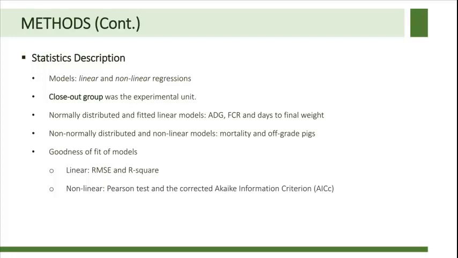We know growth and feed intake are normally distributed, but mortality and upgrades are not normally distributed, so we also had to explore nonlinear models that perhaps adjusted better to the data. Then every model was tested for goodness of fit: for linear models, the root mean square error and R-squared, and for nonlinear models, the Pearson test and the AICc coefficient.